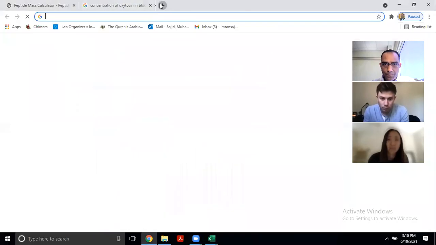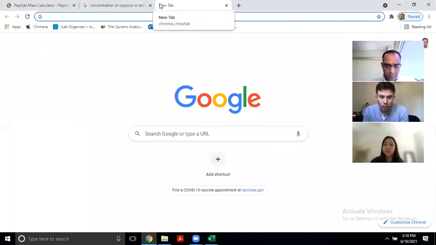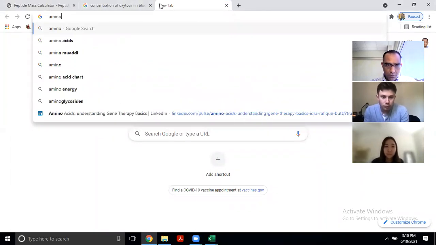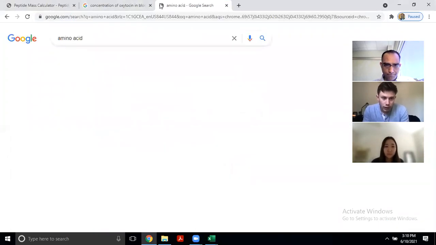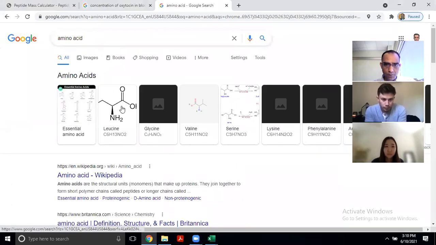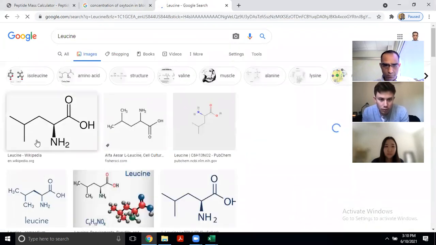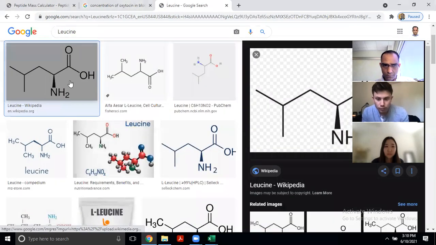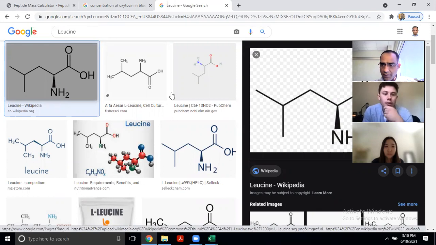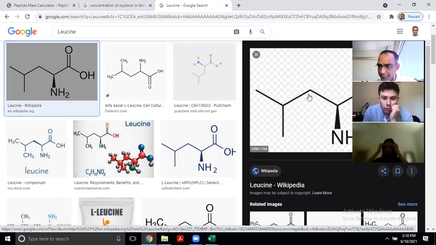Yeah? No? So let me show that amino acid. This is amino acid. Got it? So we have amino group, we have carboxylic group, and wherever there is a bend, that bend means what?